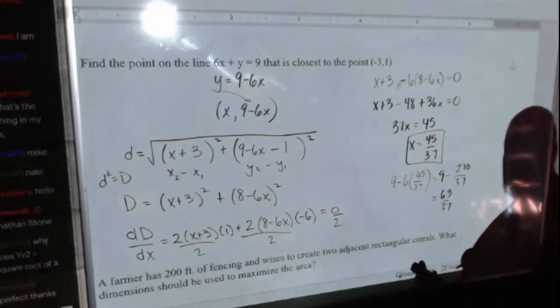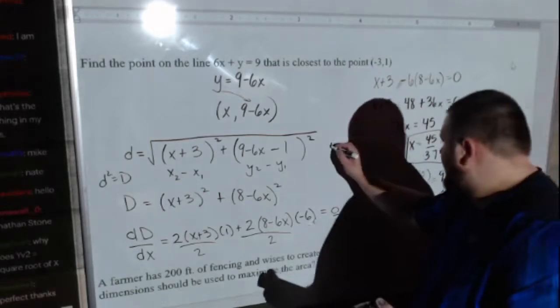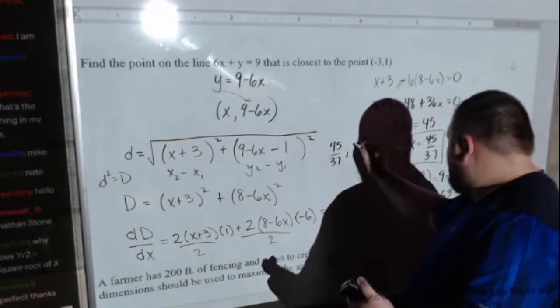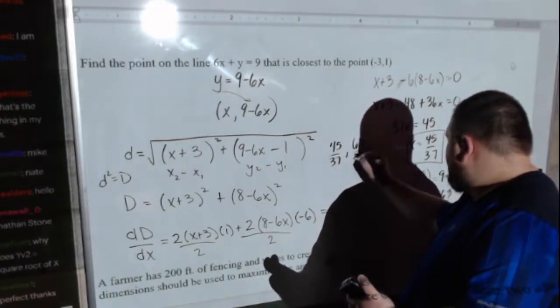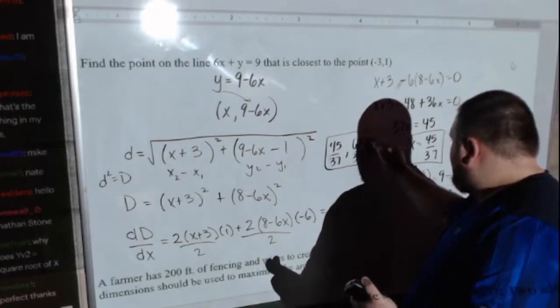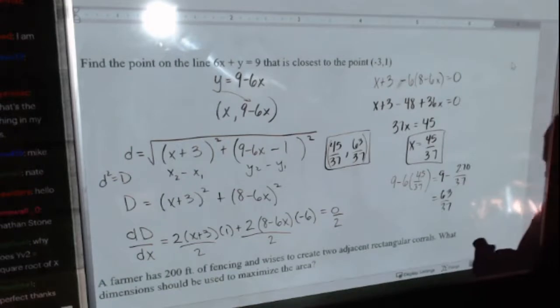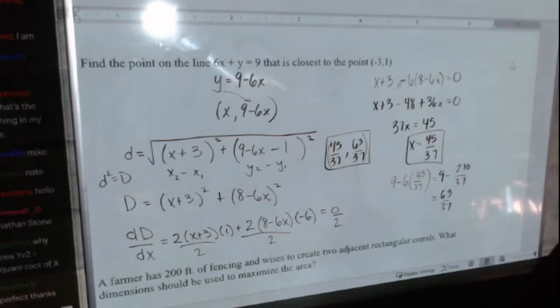So at the end, it looks like our point is 45 over 37 and 63 over 37. So again, not a nice round pretty number, but not too terrible.